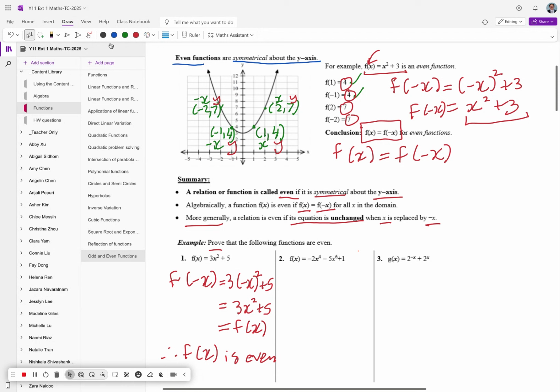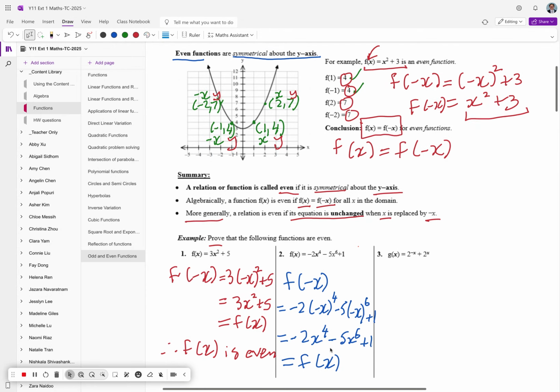All right, what about this one here? Let's try a different color. So you've got f of minus x first. Right, we'll come down here a little bit. So it's minus 2 times minus x to the 4, minus 5 brackets minus x to the 6, plus 1. So that's equal to minus 2x to the 4 minus 5x to the 6 plus 1, which is equal to f of x.